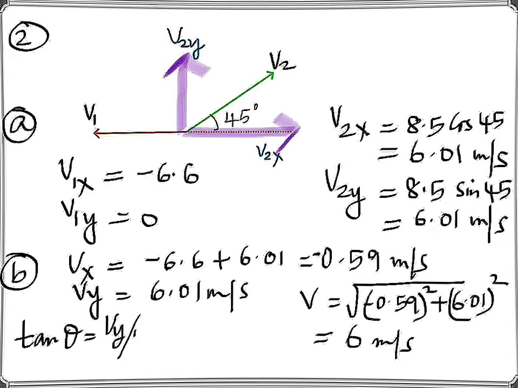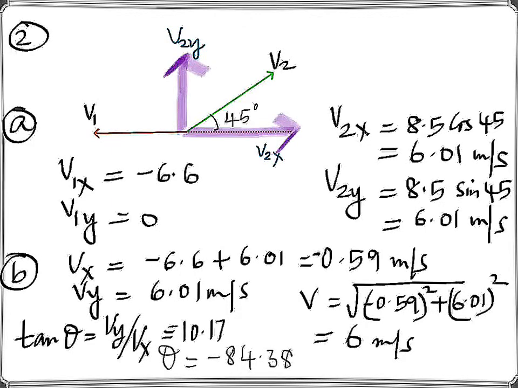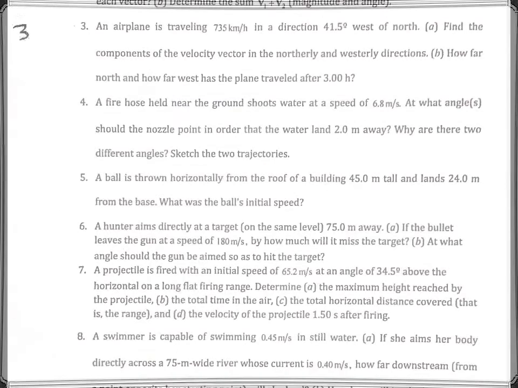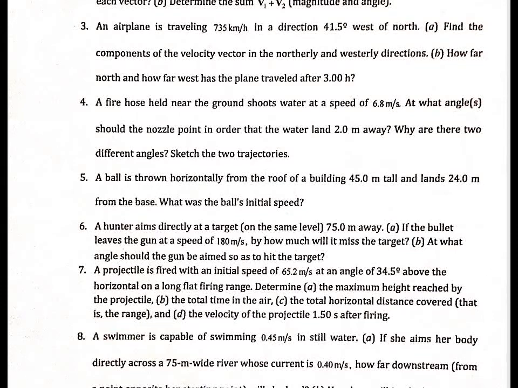To find the angle, tan theta is Vy over Vx. It gives 10.17 for tan theta, and theta is actually negative, so it's negative 84.38.